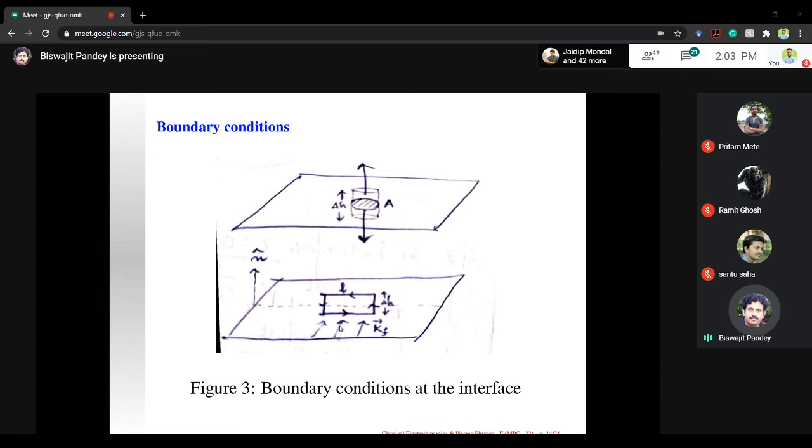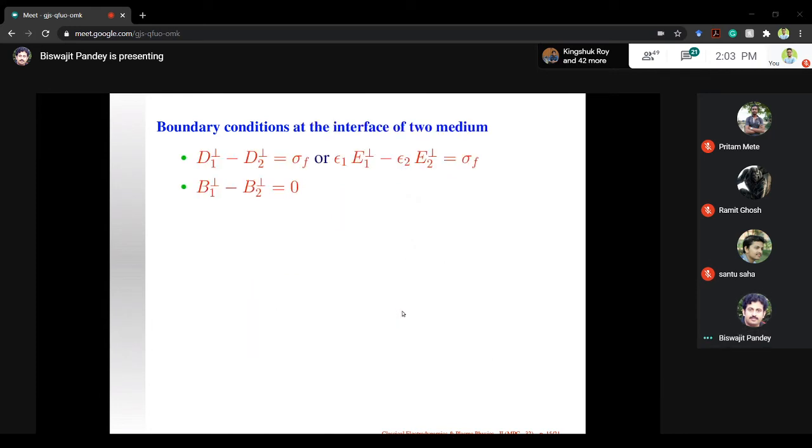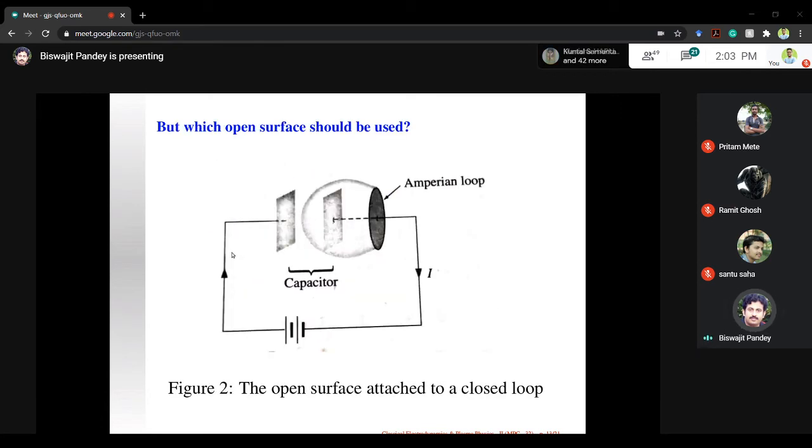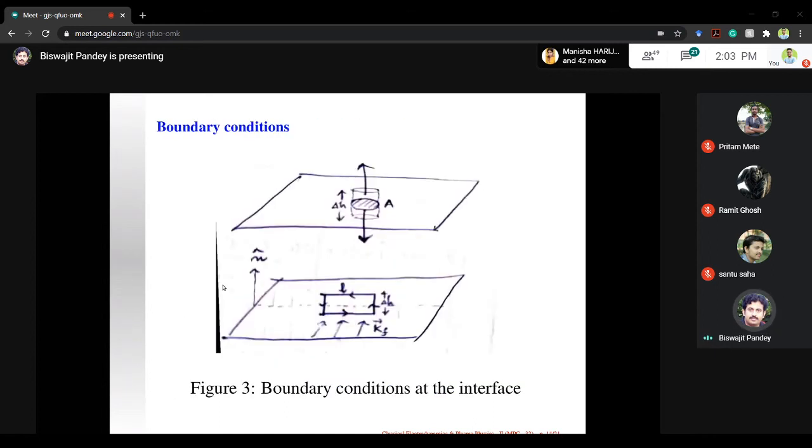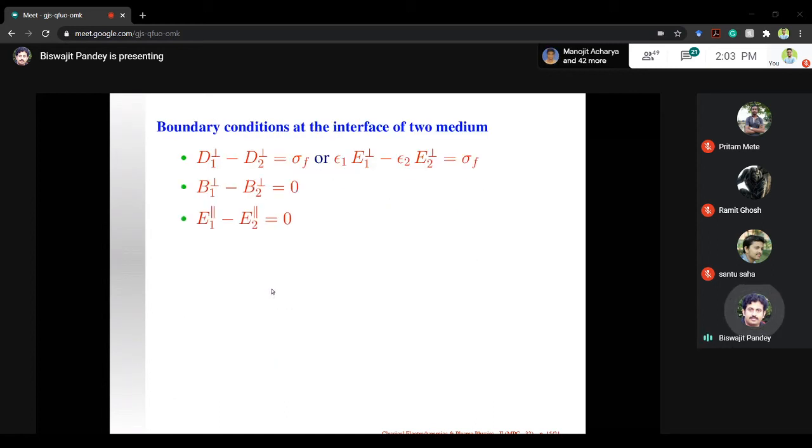If you take Kf cross n, it gives you this component. H is B by mu, and they are in opposite directions. So B parallel 1 by mu1 minus B parallel 2 by mu2 equals Kf cross n.